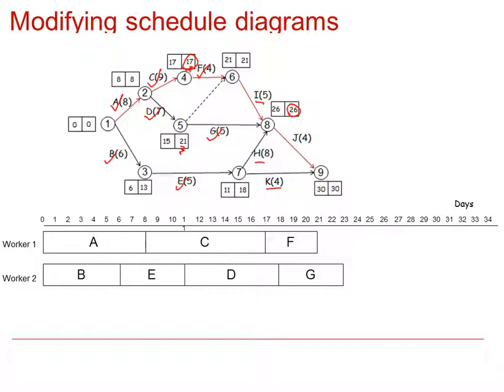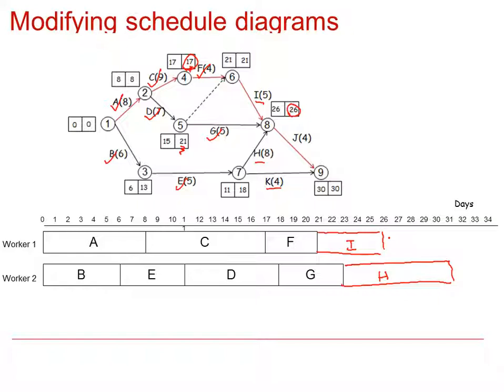So out of I or H, we will now have to do it by inspection to see which one creates the smallest delay. So if we were to assign activity I, so that has a duration of 5, so I would go here. Then worker 2 would do activity H with a duration of 8, so that's up to 31.